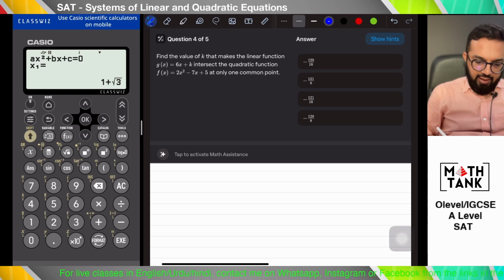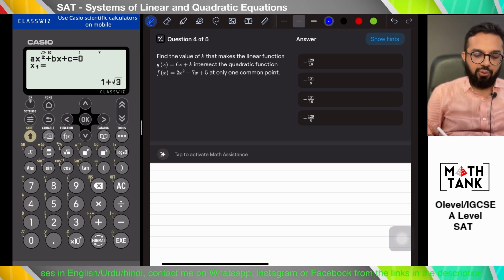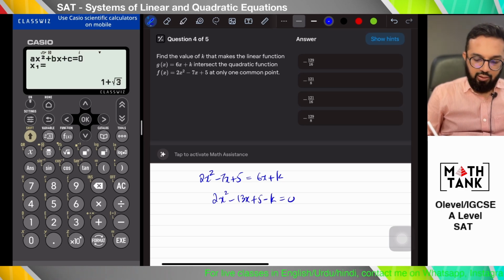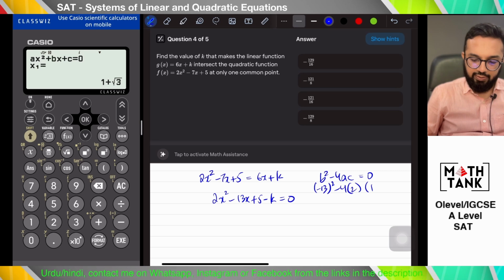This one says that they intersect at only one common point. That means that b squared minus 4ac should be equal to 0. So 2x squared minus 7x plus 5 equals 6x plus k. 2x squared minus 13x plus 5 minus k, and b squared minus 4ac should be equal to 0.